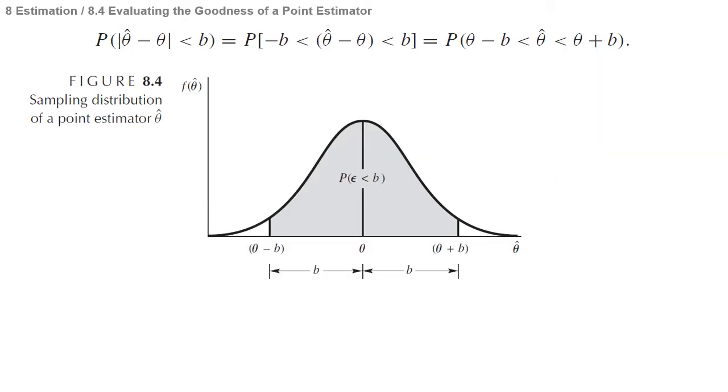So the situation can be visualized as figure 8.4. As we know, theta hat is a random variable, so theta hat has a distribution. Let's say theta hat has a distribution like this, and then we can calculate the probability that theta hat is bounded by b, like this.